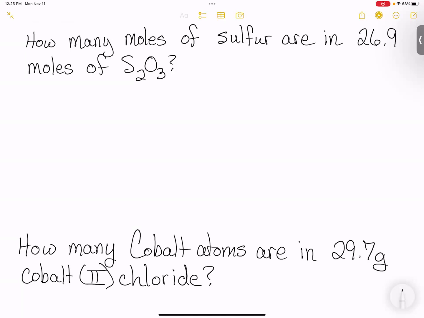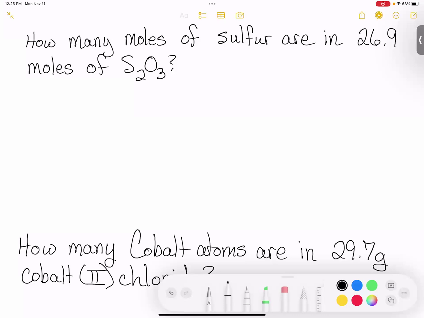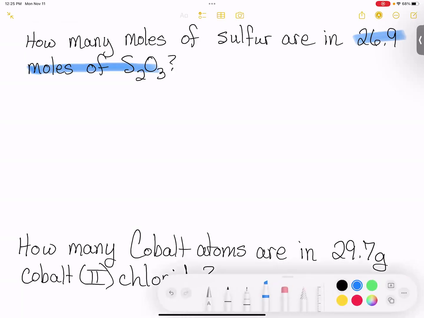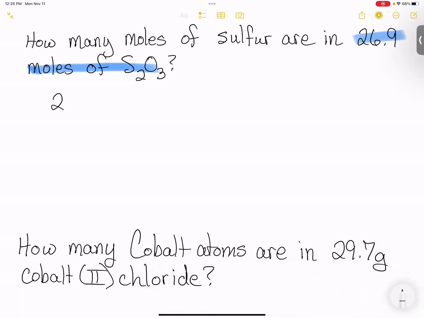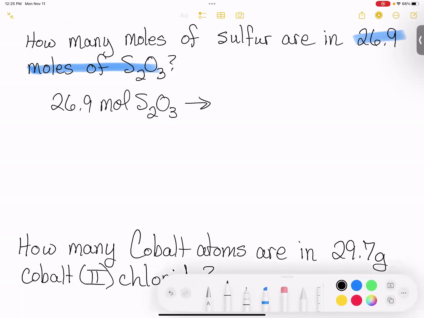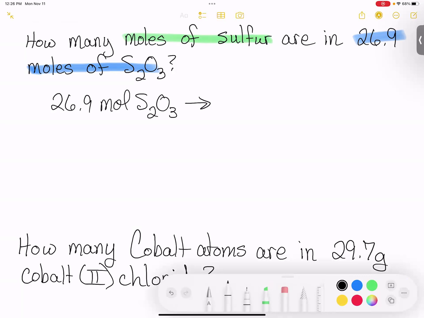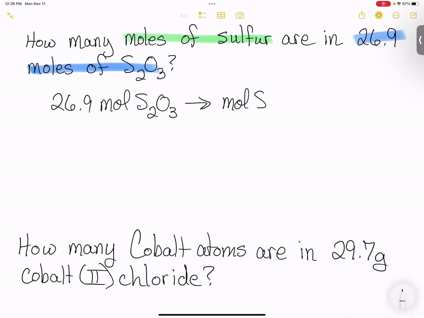On the first problem, what I was given is 26.9 moles of S2O3. And what I was asked to solve for is moles of sulfur, or in other words, moles of S.